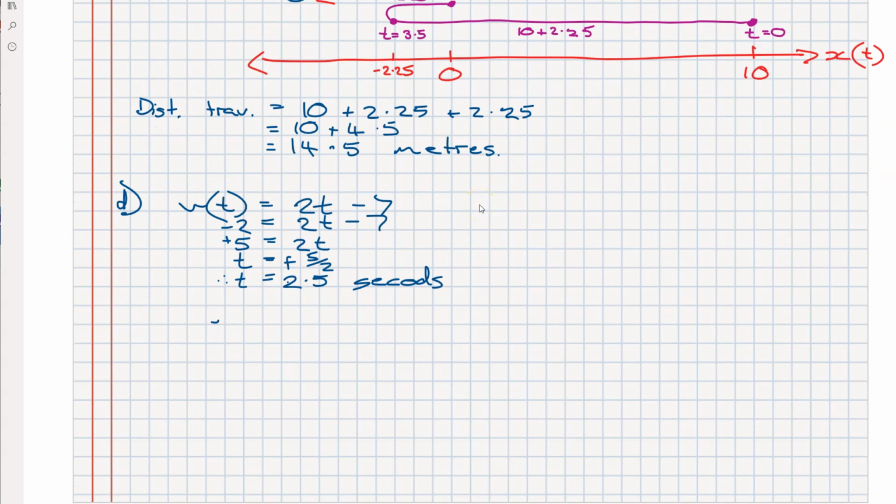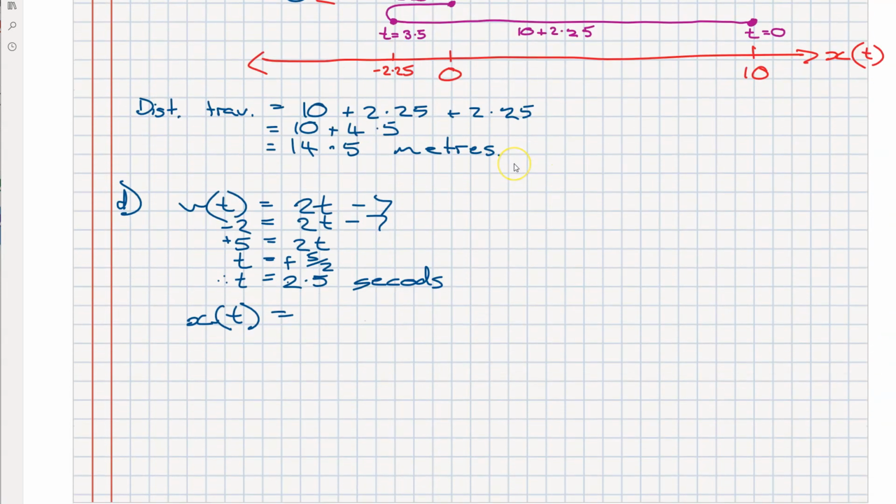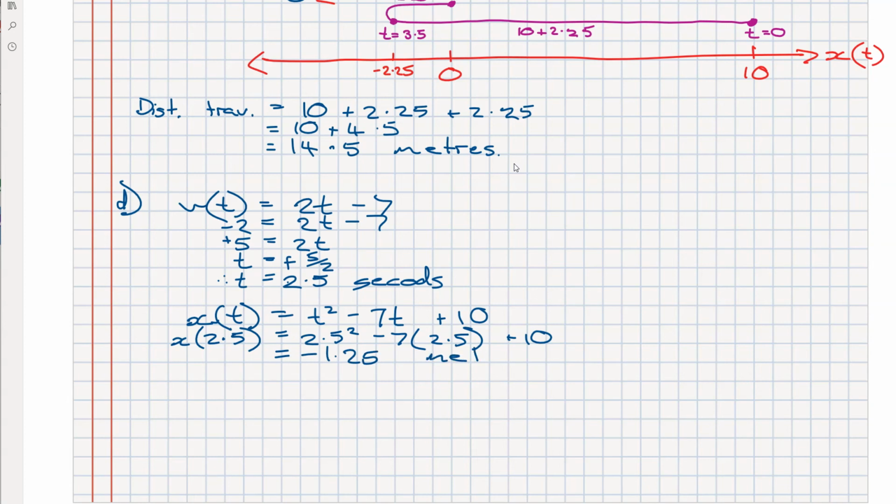Showing that algebraically, of course, our function describing the displacement is t squared minus 7t plus 10. Simply throw in 2.5, and it's going to come out as -1.25 meters.